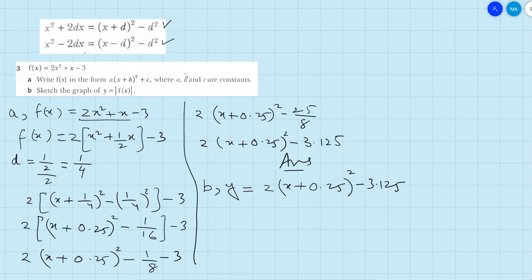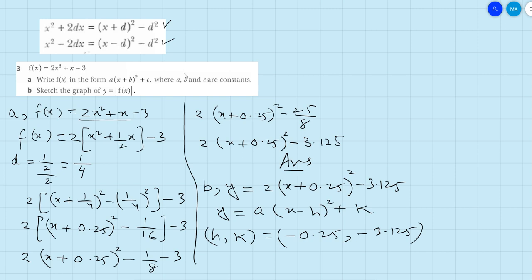So (h, k), if we compare this with a(x - h)² + k, h is -0.25 and k is -3.125. So these are the coordinates of a stationary point, and obviously these are the coordinates of the minimum point because a is positive.